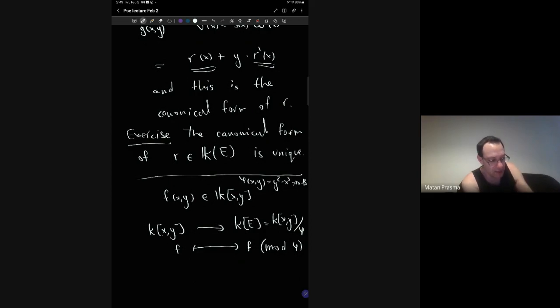It means that in this quotient ring, if phi is equal to 0, then y squared is equal to x cubed plus ax plus b in this k[E]. So the simple way to do the modulo phi operation is I take all the terms in f(x,y) that are y squared or powers of y squared, so all the even powers, and I replace them by x cubed plus ax plus b.